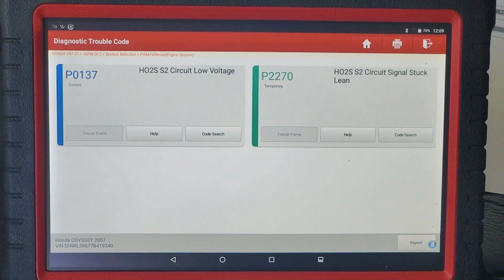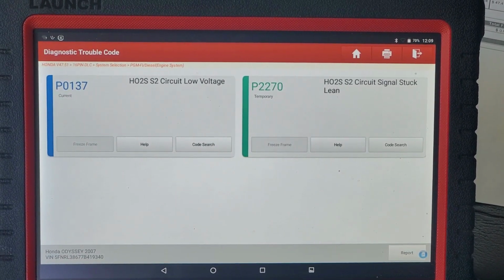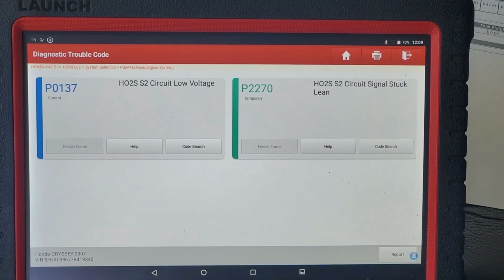Okay, now we can see we have here two diagnostic trouble codes. P0137, heater O2 sensor, sensor 2, circuit low voltage.